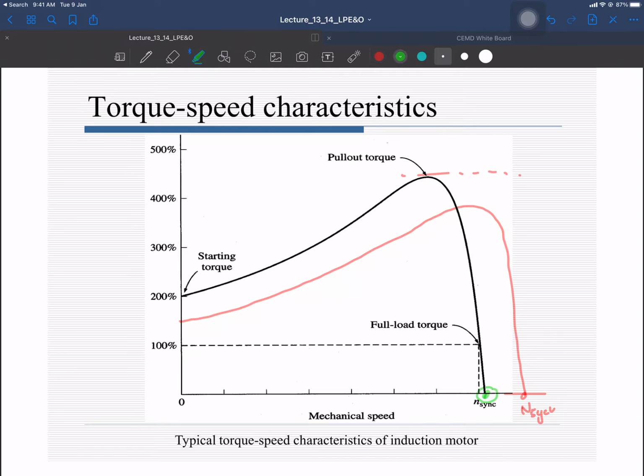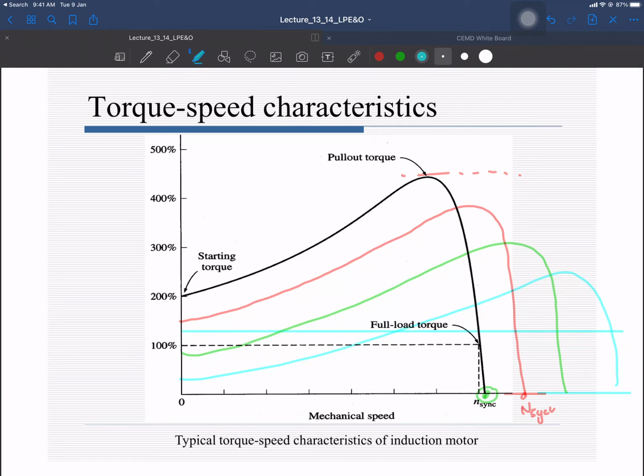And if you further increase the frequency, your torque speed curve will become like this, and so on. If you keep on increasing the frequency, you can operate your machine at higher speeds but at reduced torque. Let's suppose that my load torque is this one, a constant load torque. Now I can operate it at a number of points.